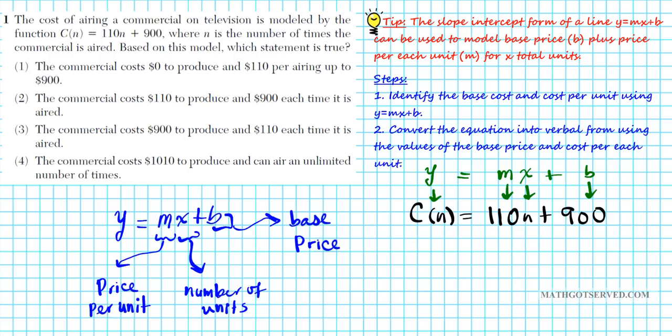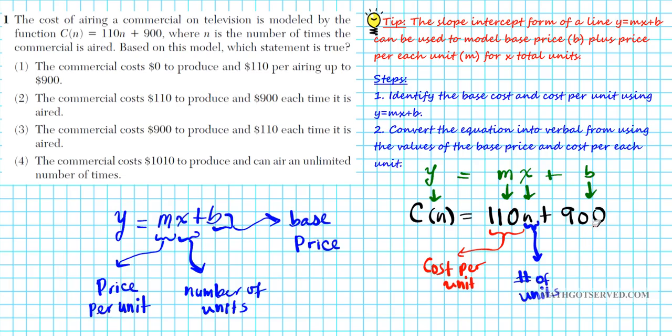What is 110? 110 represents the price for each unit, cost per unit. So let's write it down. This is the cost per unit. And then this n right here represents the number of units.